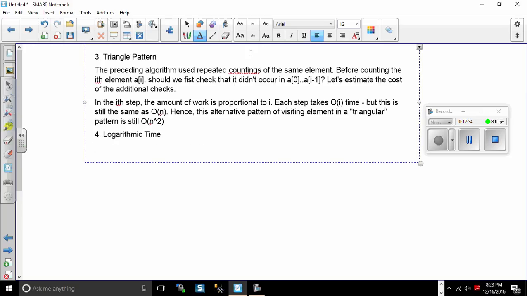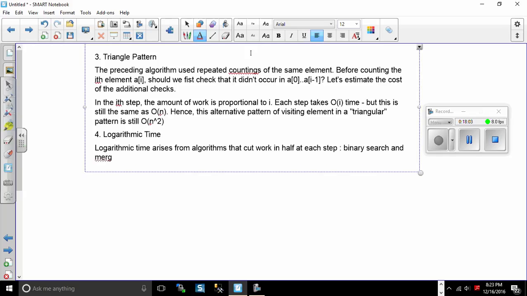Logarithmic time arises from algorithms that cut work in half at each step. These would include binary search and merge sort.